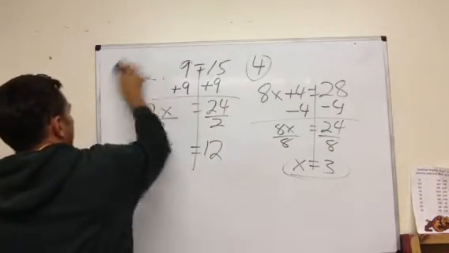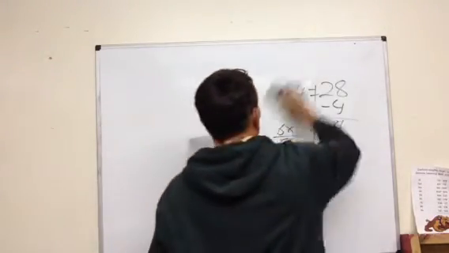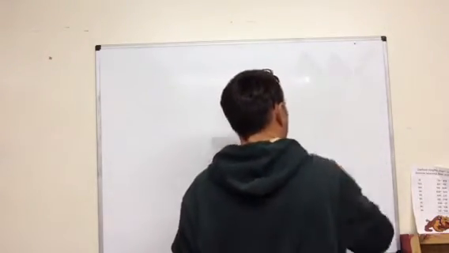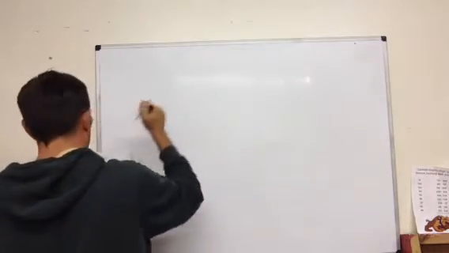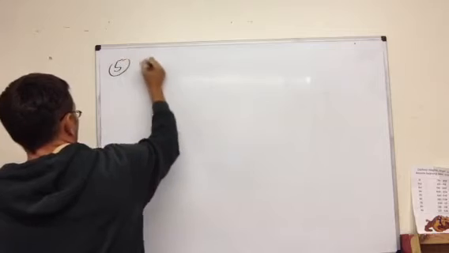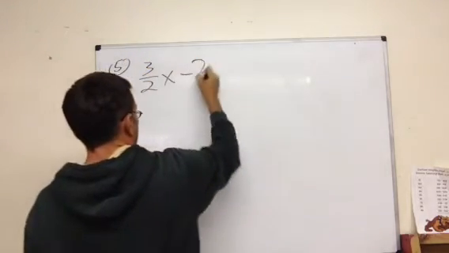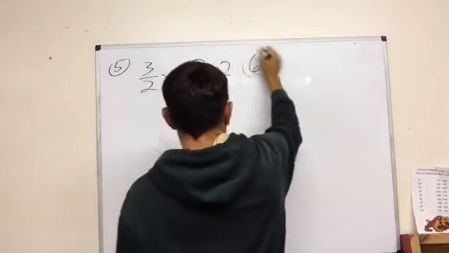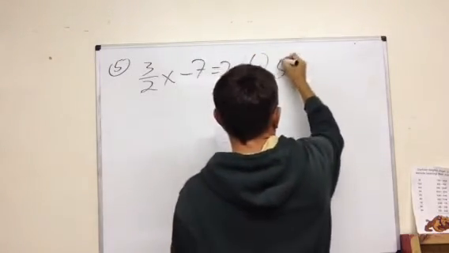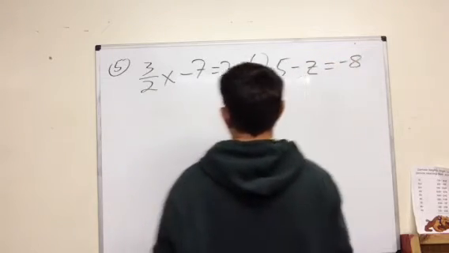Number 5 and 6. Three halves x minus 7 equals 2. Number 6 will be 5 minus z equals negative 8.